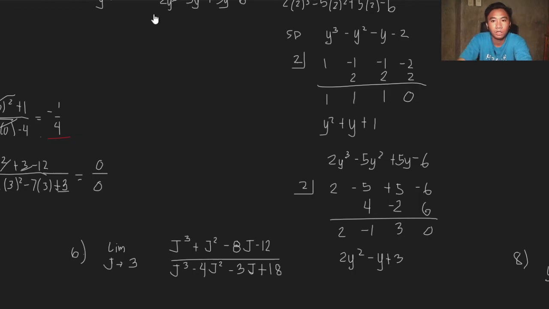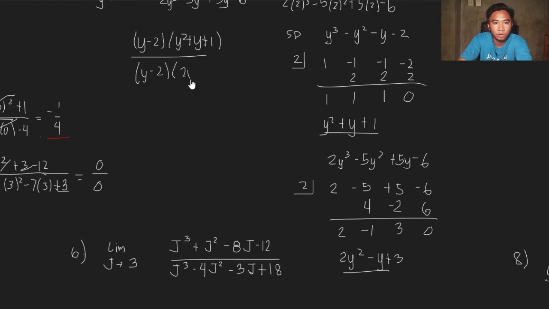So, ito, susulat naman natin y minus 2 times yung bago, ito, y squared plus y plus 1, all over y minus 2 times ito, 2y squared minus y plus 3. Zoom ulit natin, pabalik.